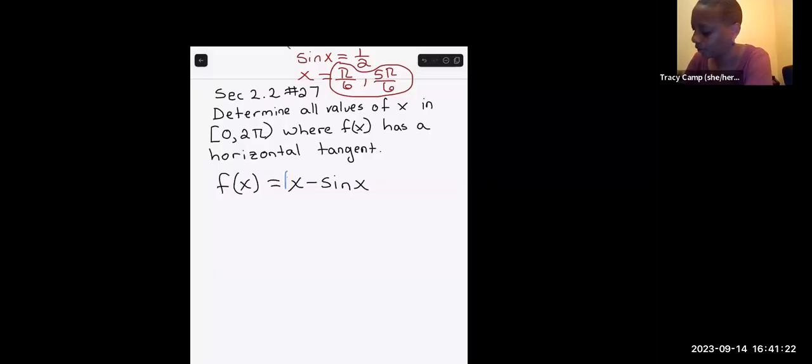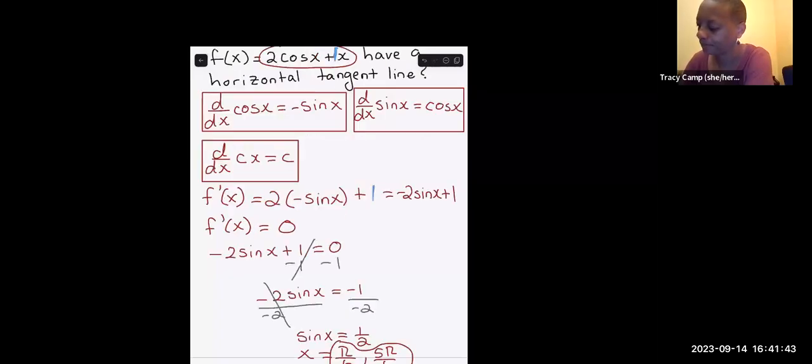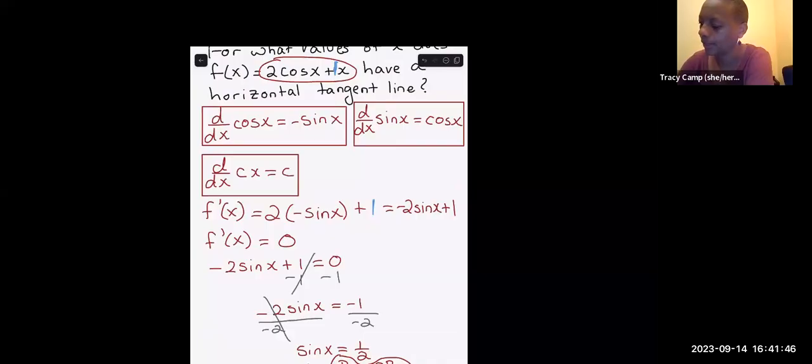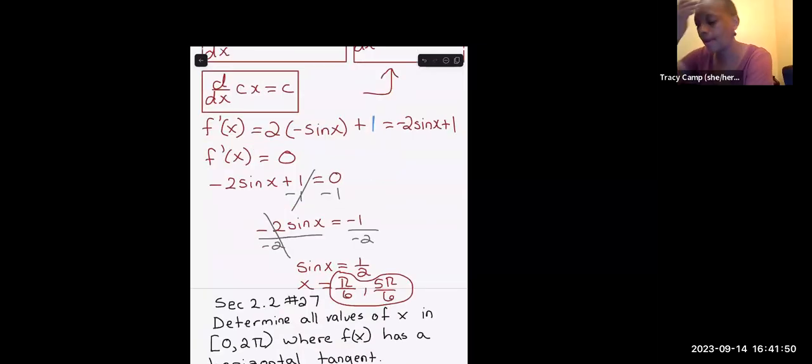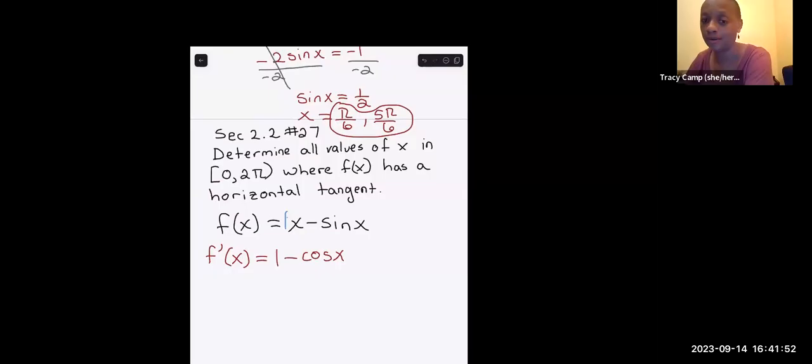And so when I find the derivative, I'll have f prime of x is equal to just 1, and then minus the derivative of sine, which is cosine, using this rule right here. So I have f prime of x is 1 minus cosine of x.